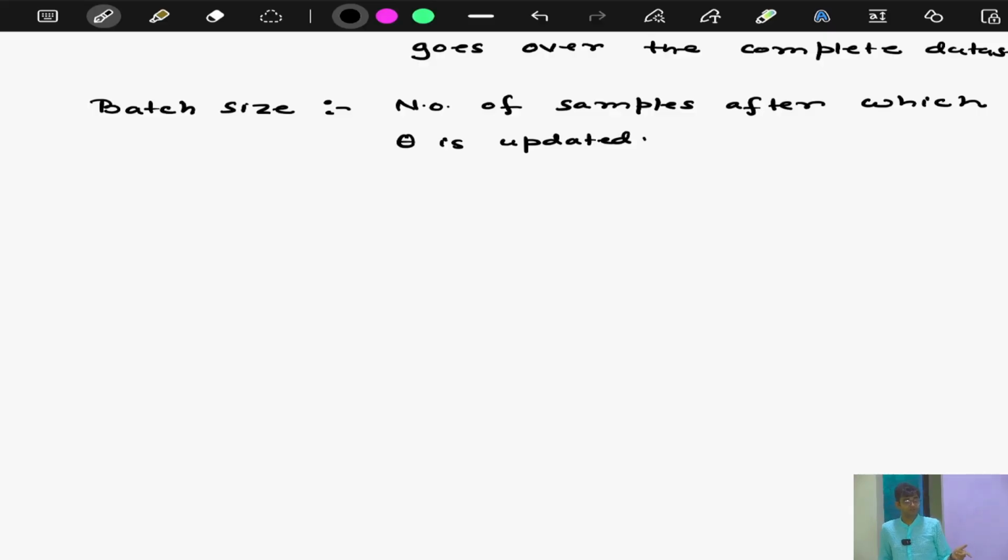The third thing I talked about was iteration. Okay. Number of iterations is equal to the number of times theta is getting updated. So one iteration means theta was updated a single time. Two iterations means theta got updated two times. Okay.